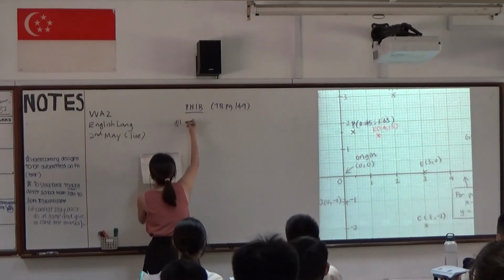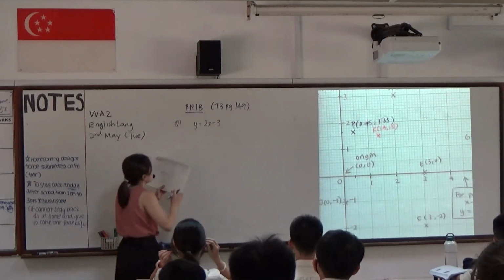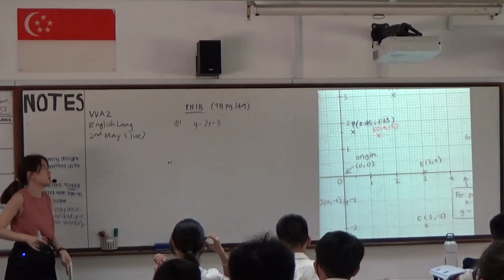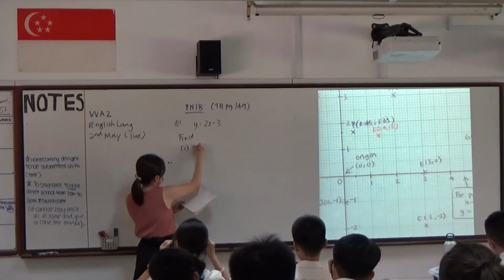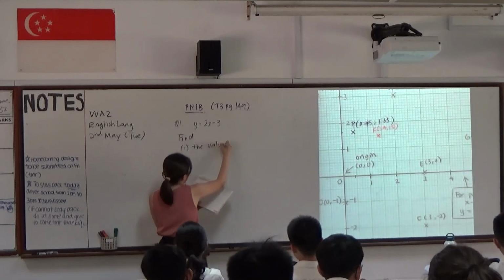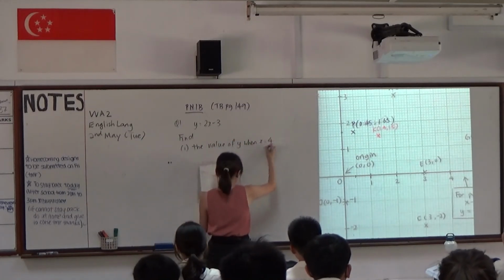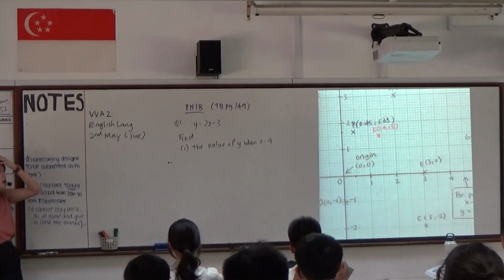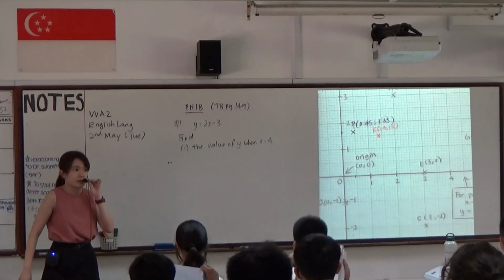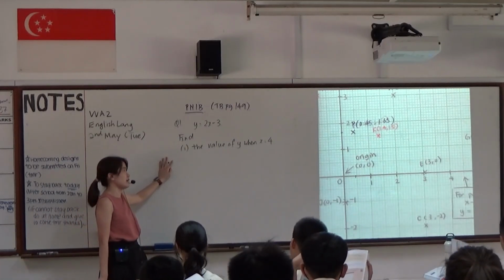Okay, in question 1, we are given that y equals 2x minus 3. We want to find, for part 1, the value of y when x equals 4. This is not different from what we were already doing when we did our mathematical formula in chapter 5.